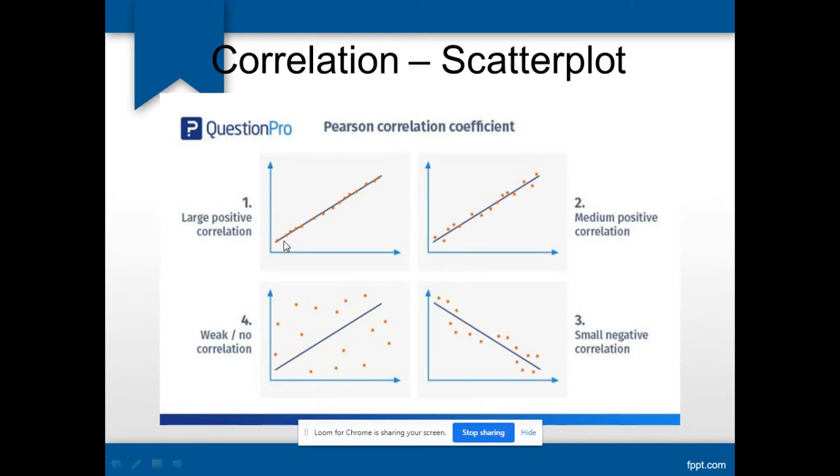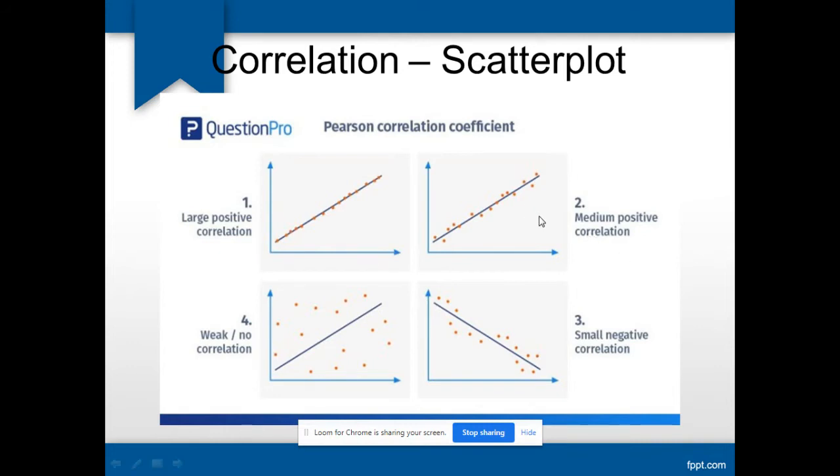So this is large positive correlation, means that students who score high on vocabulary mastery also tend to score high on English proficiency. So an increase in one variable is accompanied by an increase in another variable, and that is a large positive correlation, and that's how it looks when it is plotted on the scatter plot diagram.